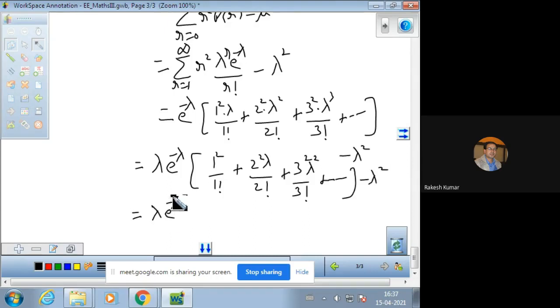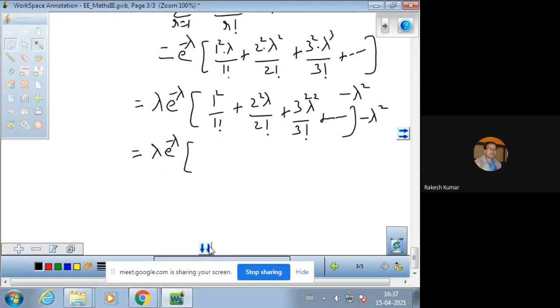So lambda e raised to power minus lambda is there, and the term inside the bracket can be written like this: 1 square is 1 over 1 factorial is 1, and 2 square can be simplified. 2 square is 2 raised to power 2, and a 2 is in the denominator.